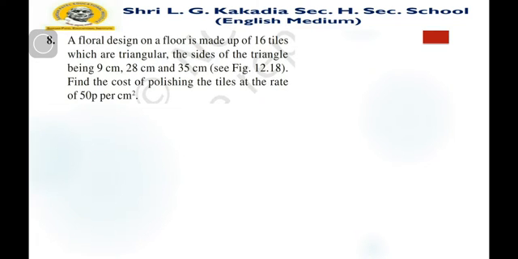Now example number 8: a floral design on a floor is made up of 16 tiles which are triangular, one side of a triangle being 9 centimeter. Let us consider the figure.